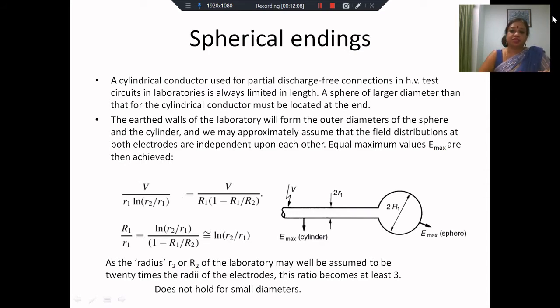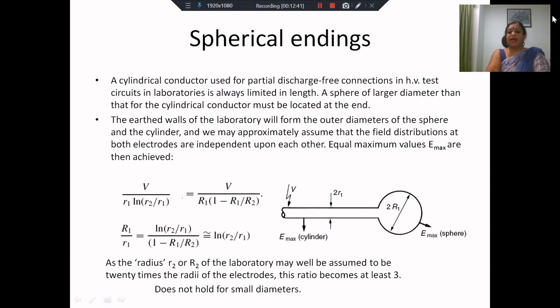Instead, what I will use is an end termination. I will use an end conductor. And normally this is a sphere of larger diameter which is located at the ends of the cylindrical conductor. Why larger? Because you remember, if you design the cylindrical conductor such that there is no discharge on the surface, and you put a spherical conductor at the end with the same radii, the maximum electric field on the spherical conductor will be higher than that on the cylindrical conductor, and this can lead to breakdown.